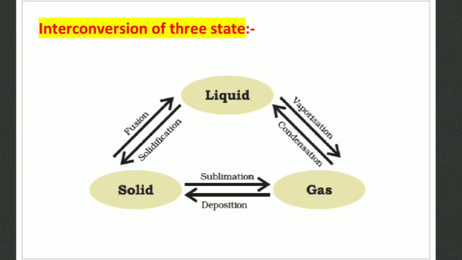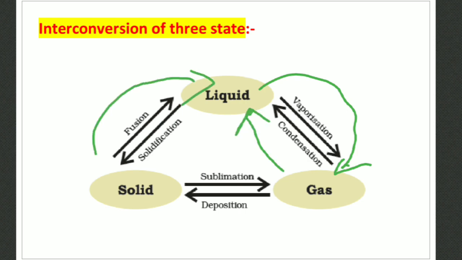Now look at this figure, the interconversion of three states. This is a simple figure from your book, showing the conversion of different states: liquid, solid and gas. When a liquid converts into gas state, it is called vaporization. When gas converts into liquid, it is called condensation. When solid converts into liquid, it is called fusion or melting.